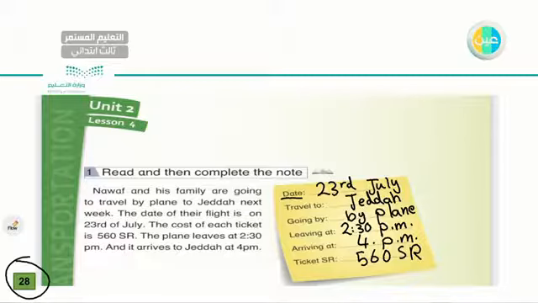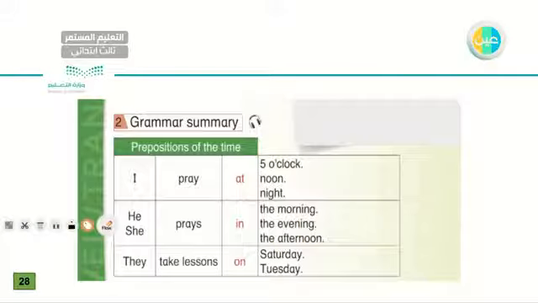The cost of each ticket is 560 Saudi Riyal. The plane leaves at 2:30 p.m. and it arrives to Jeddah at 4 p.m. With this paragraph, we were able to fill these notes only by getting the information from the passage. Very good. Now let's go to the next half.